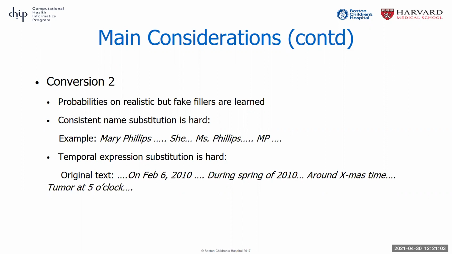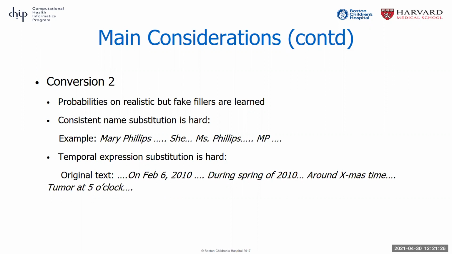Temporal expression substitution is also very hard. If the original text includes a date, but then a season, and then some holiday like around Christmas time, how do you shift all this in a consistent way so that you preserve the temporality of the original text?